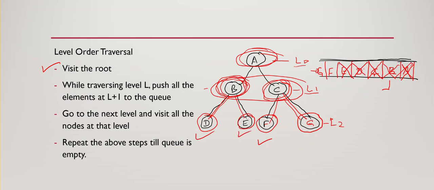If there are none, then it will go and try to traverse the next node F, and then it will try to traverse the last node G, and we will repeat this step till the queue is empty. So that way we will be able to achieve this level order traversal.